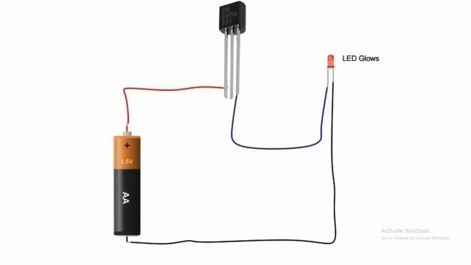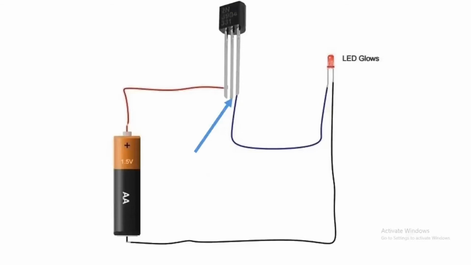Does the transistor never pass the current? Well, you give current to the middle pin, or the base, of the transistor, then the transistor allows the current to pass through the LED and the LED glows. So now the question: what is the difference between a switch and a transistor?